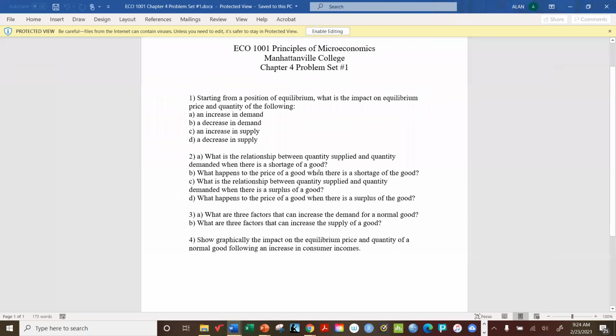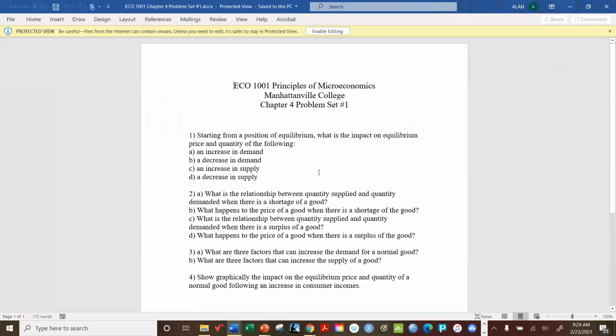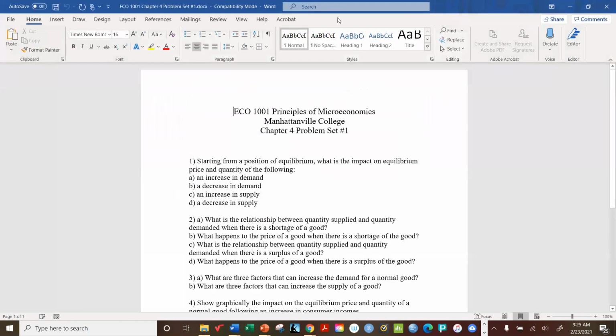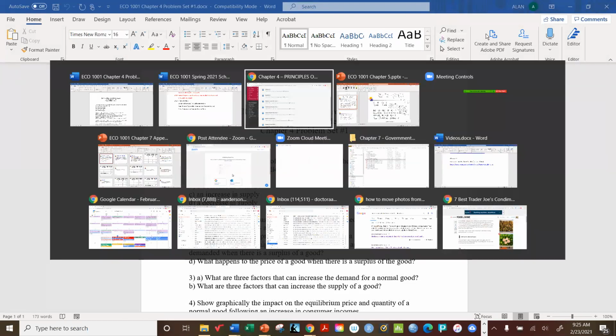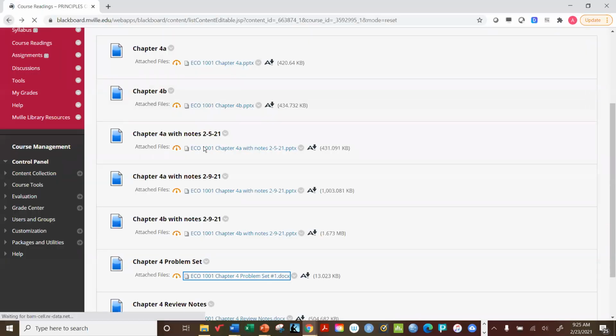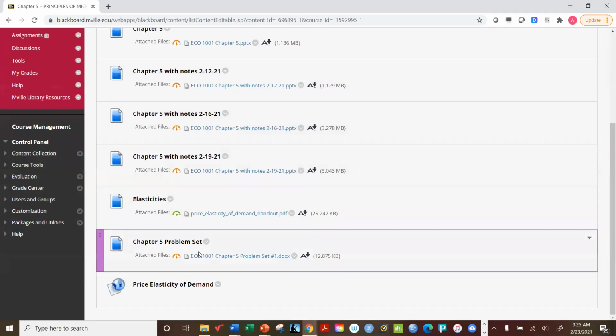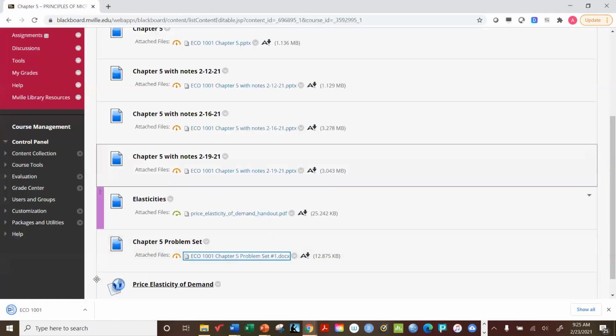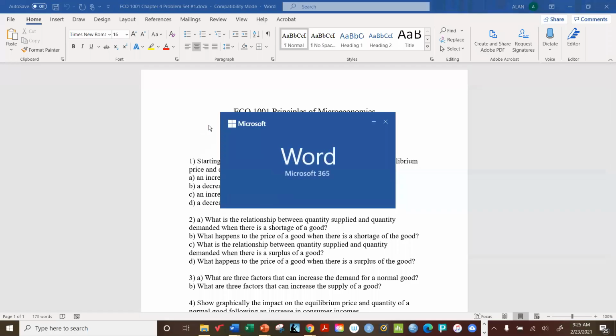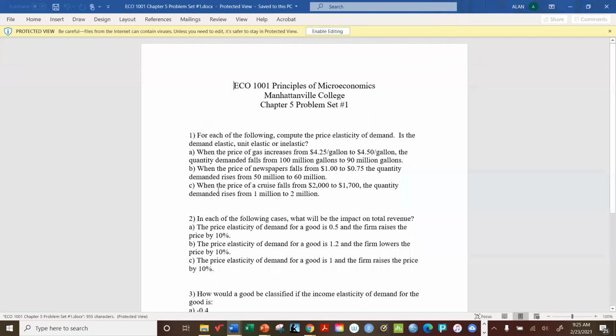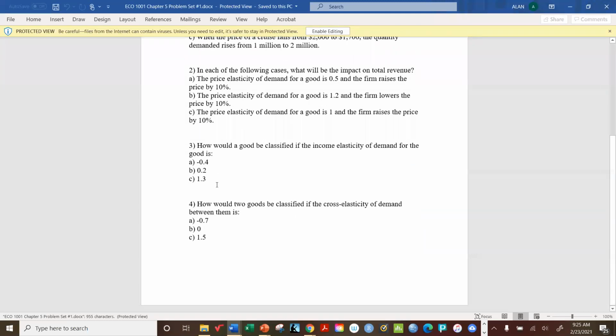Here you're going to be asked to do some graphs, and understand the relationships that we defined in that chapter. And then for 5, we'll just be doing a lot of calculations for elasticities. Let's take a look at that. Yeah, so literally you're just calculating elasticities and also explaining them.